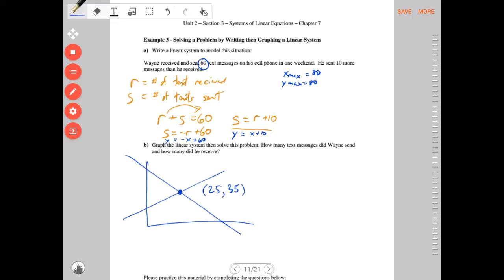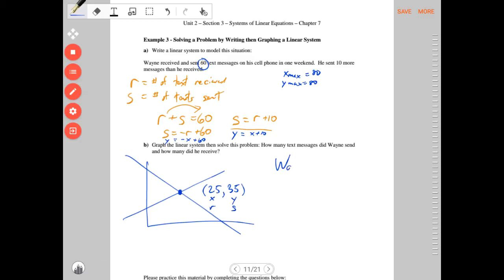Now we have to interpret what that means. Remember, this is an X coordinate, that's a Y coordinate. Our Y coordinates we said were S's, and our X coordinates we said were R's. So Wayne received 25 text messages, and he sent 35.